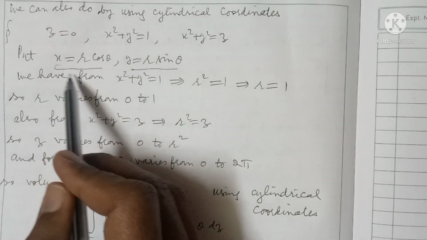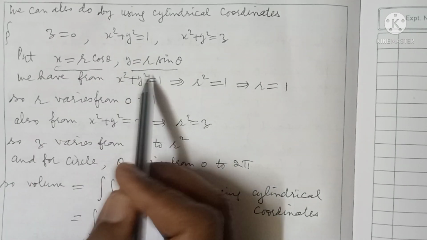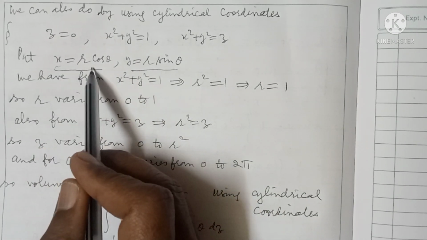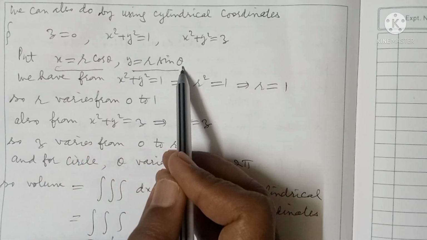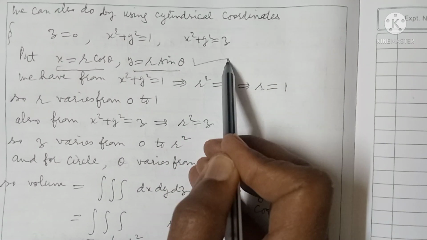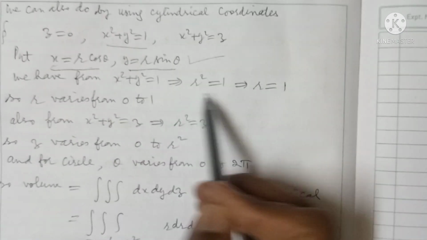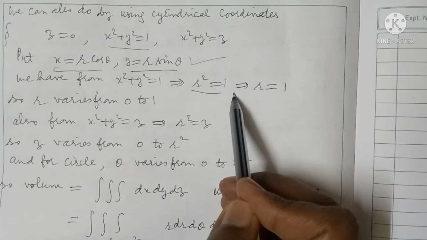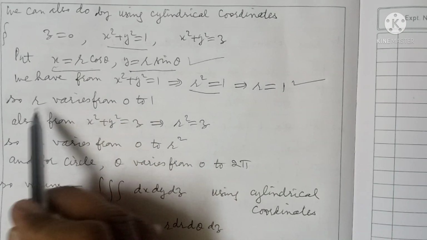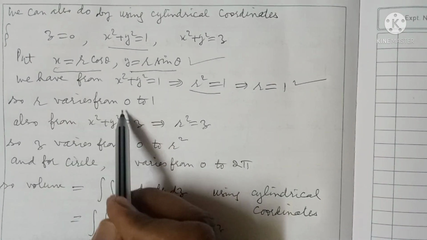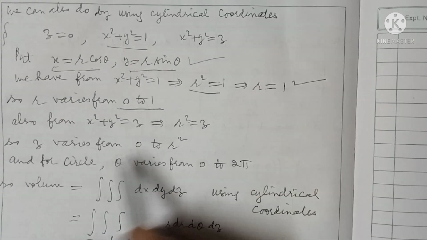The equations for a circle that we use are x equal to r cos theta, y equal to r sin theta. By putting these two equations in this equation, x square plus y square equal to 1, what we get? We get r square equal to 1, that is r equal to 1. So r varies from 0 to 1, right?